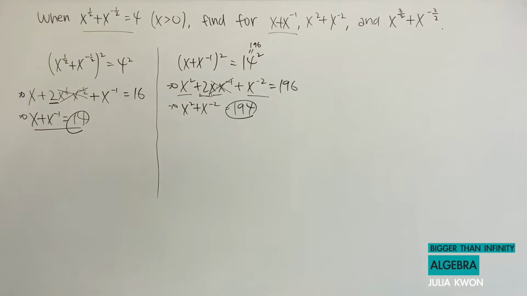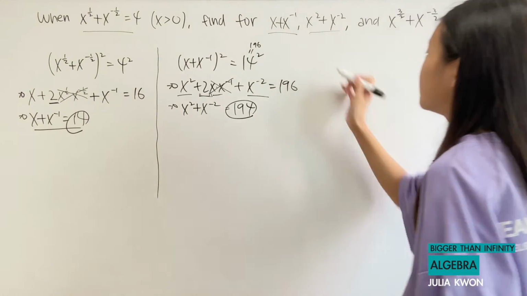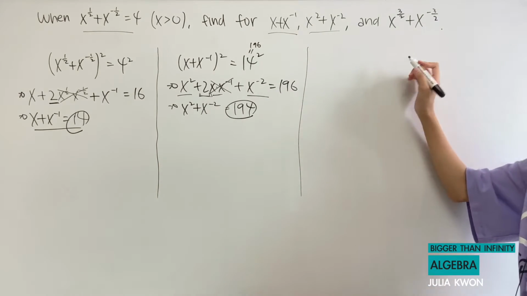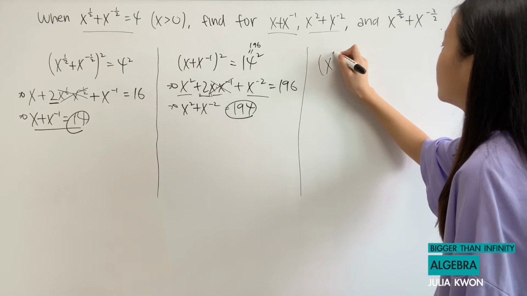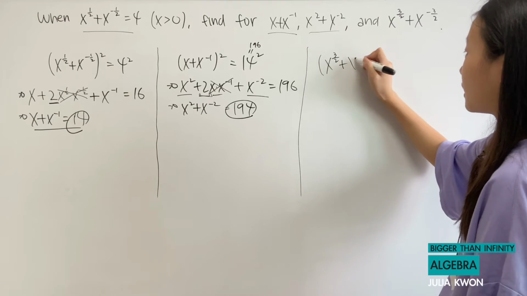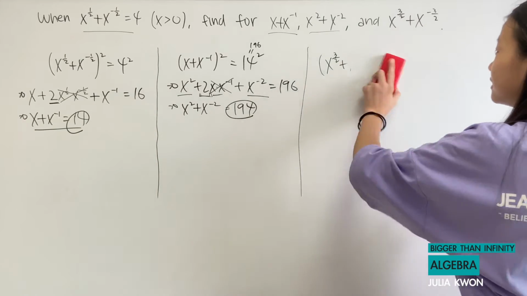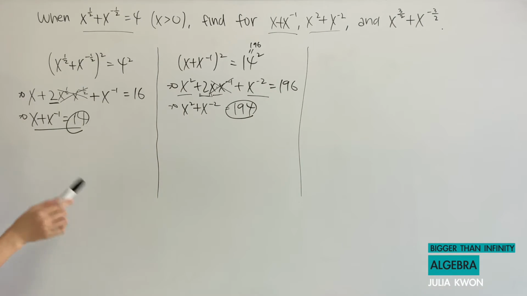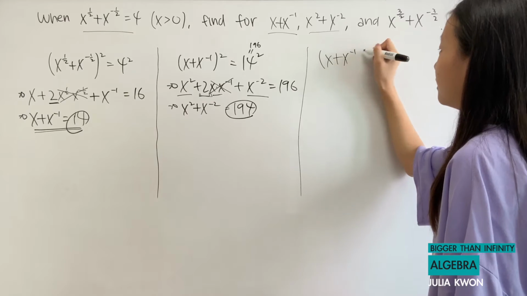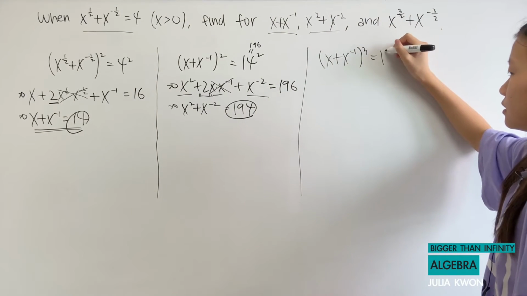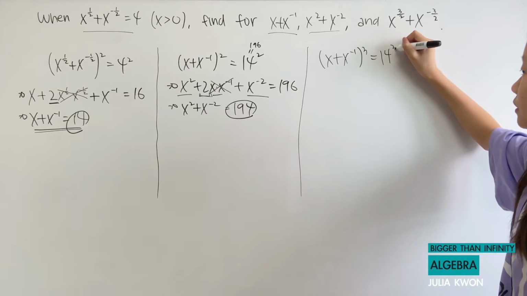We already found the first two. Now we can solve for x to the power of 3/2 plus x to the power of negative 3/2. To find for this, we're going to cube both sides of this equation. I don't know if that's how you say it, cube. You know what I'm saying, right? To the power of 3 is equal to 14 to the power of 3.